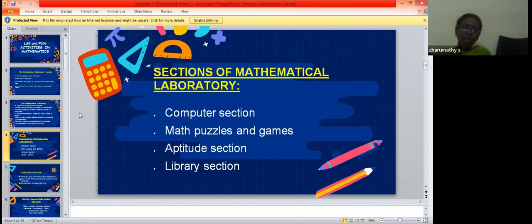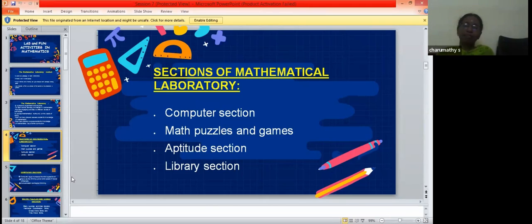Now coming to the aptitude section. These puzzles and games can be conducted by the teacher initially. Later on, children themselves start making puzzles. They themselves start playing games. They come out with different games. If you give them one particular topic, they come up with different games. So initially, the teacher may give a start with simple puzzles and games.